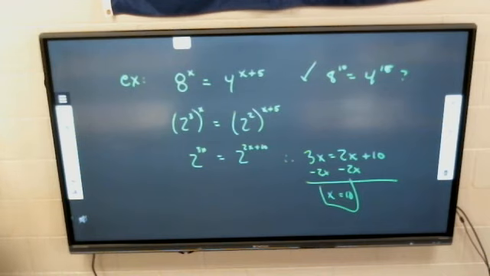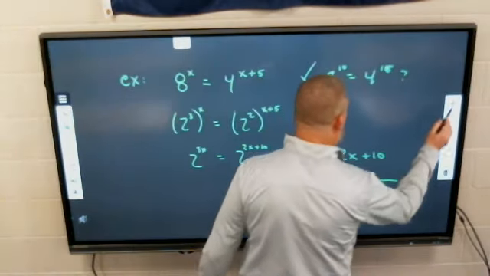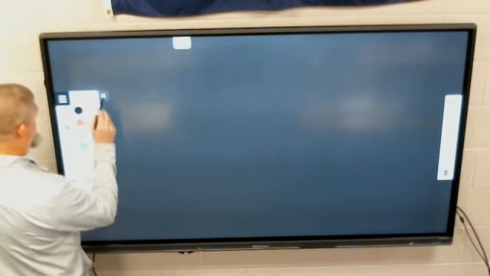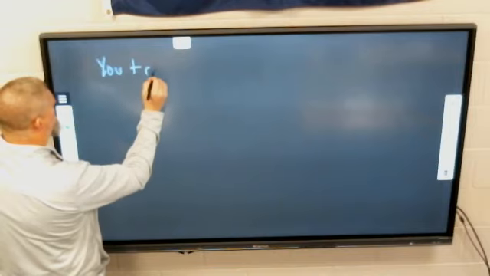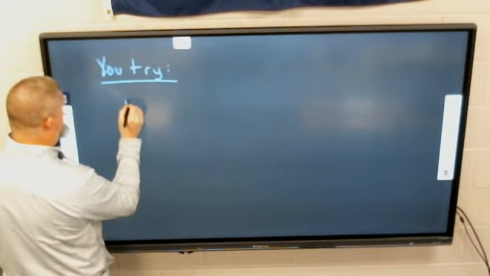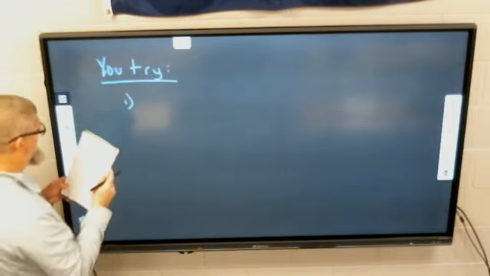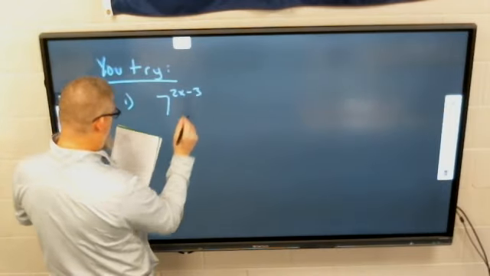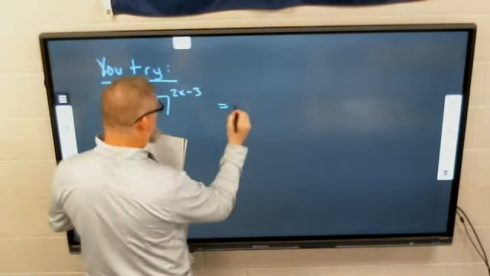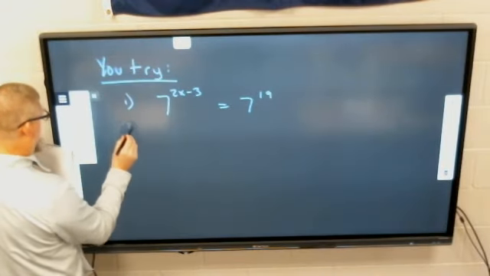Okay, I'm going to put 3 problems on the board. I want you to try them. Let's go to blue. Number 1. This is exactly like the first example I gave you. 7 to the 2x minus 3 equals 7 to the 19th. You might be able to get that done before I finish the second example.